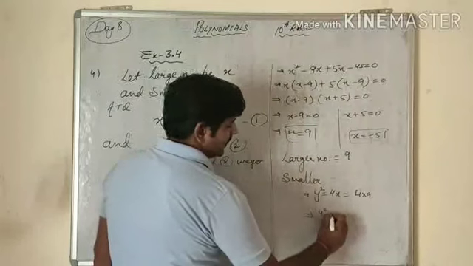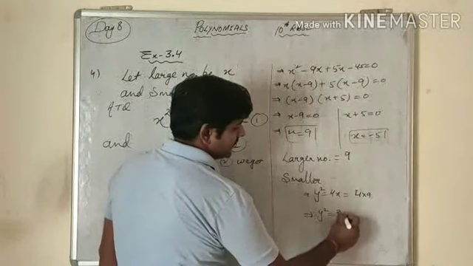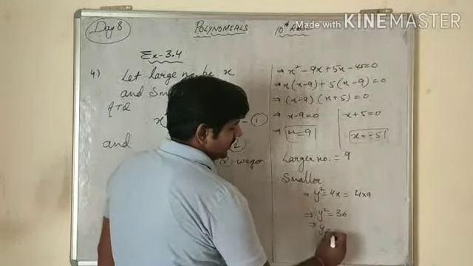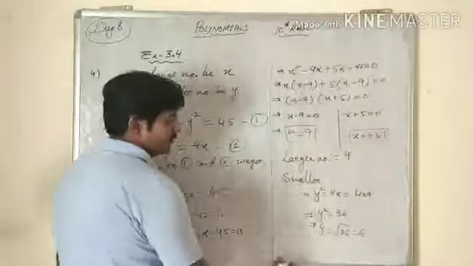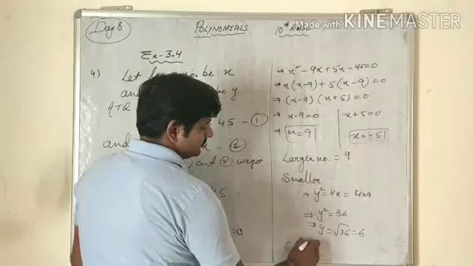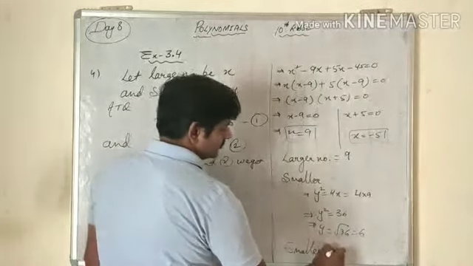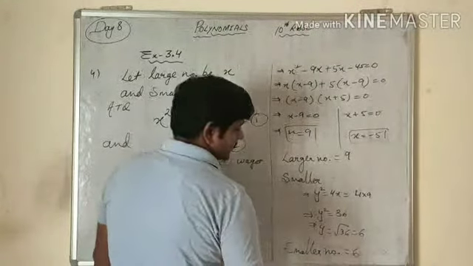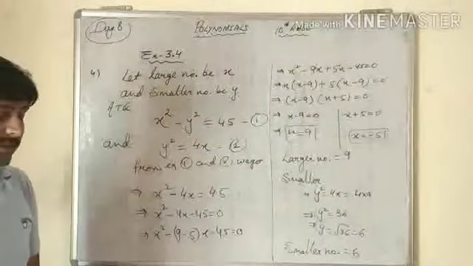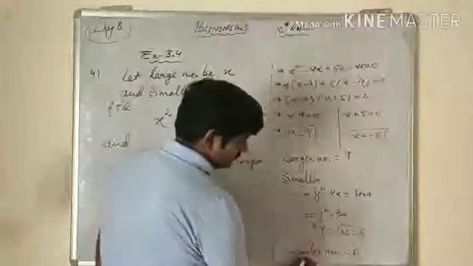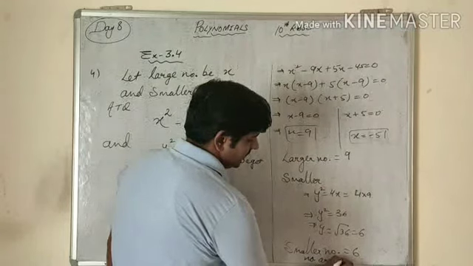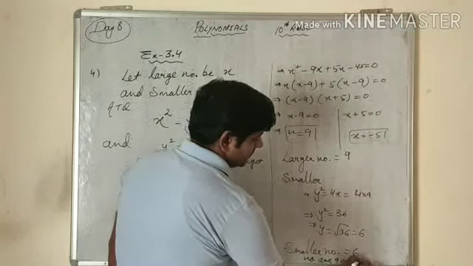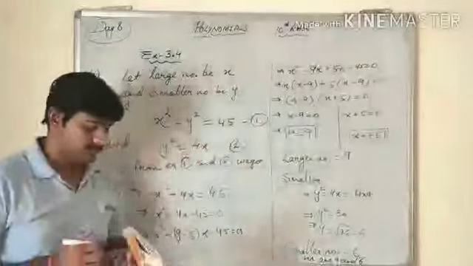So y square equals 36, and y equals the square root of 36, which is 6. So the smaller number is 6. Finally the numbers are 9 and 6. Please write it down.